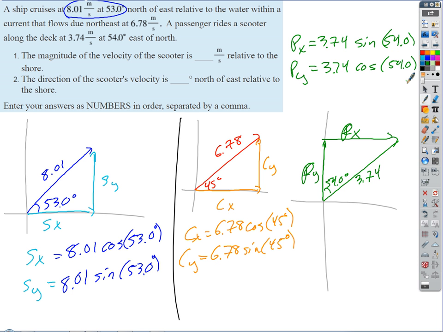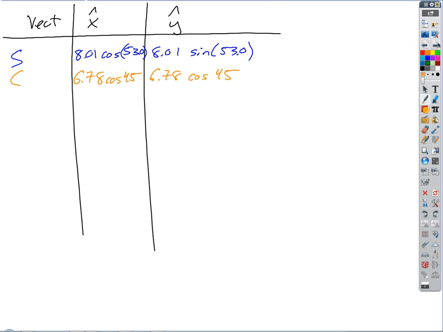Okay, so let's transfer those to the other page. Yeah, absolutely. Okay, and that was P.